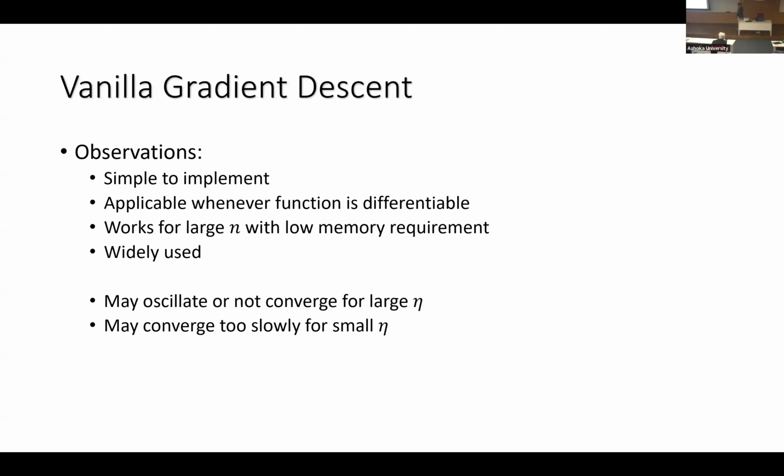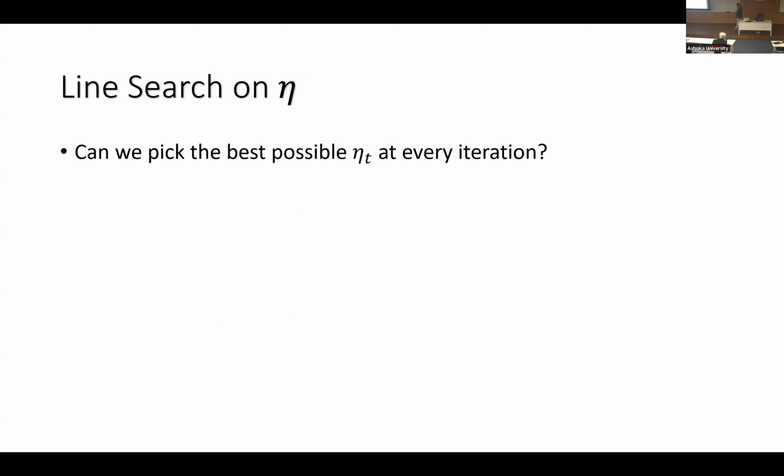Another technique that sometimes people use, not widely used, and at least in theory it is good, though in practice not so much, is line search of eta. When I'm trying to select my next point, instead of picking one constant eta, I will test out a few values of eta, not many, let's say 5 or 10 values, and pick the one that is best.